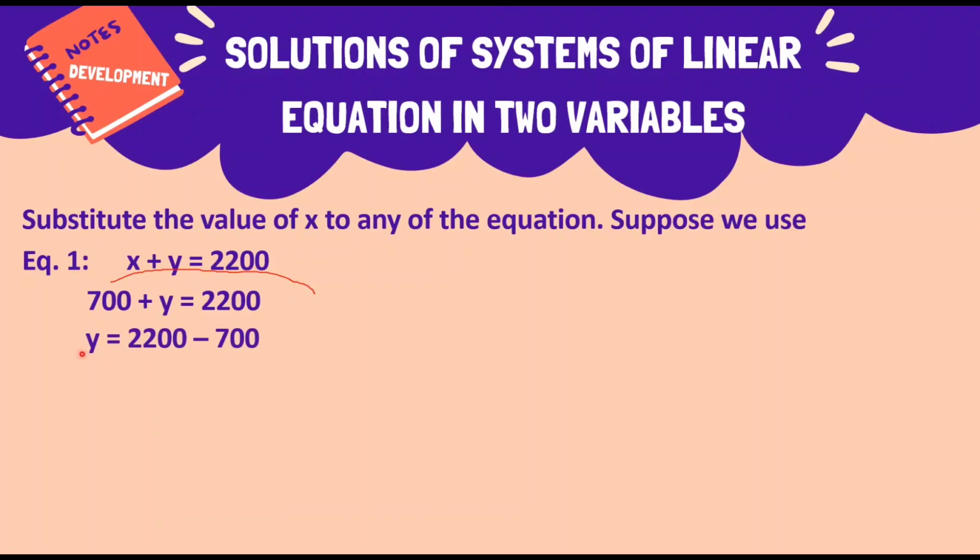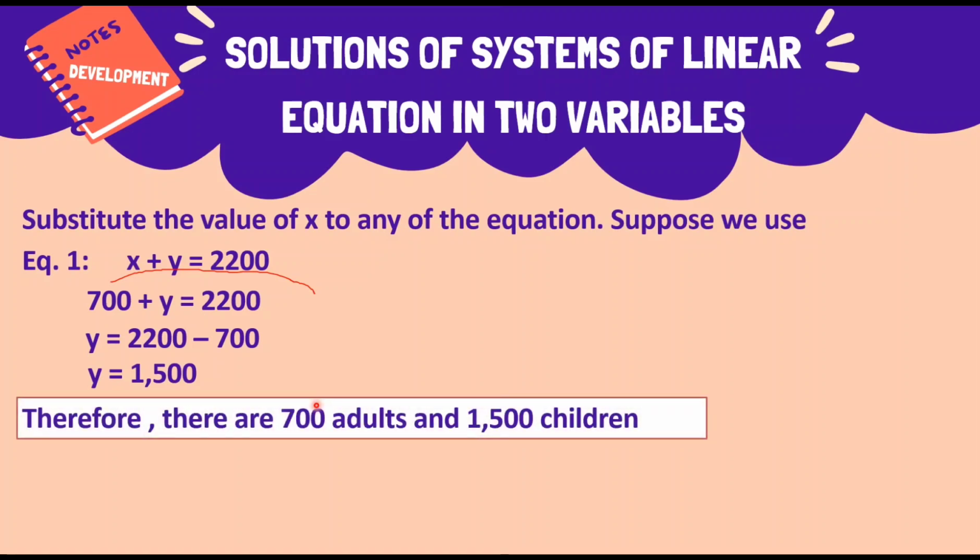So, it becomes y is equal to 2,200 minus 700. And what is 2,200 minus 700? Okay, correct. We have 1,500. So now, since meron na tayong value ng x which is 700 at meron na rin tayong value ng y which is 1,500, therefore, there are 700 adults and 1,500 children.